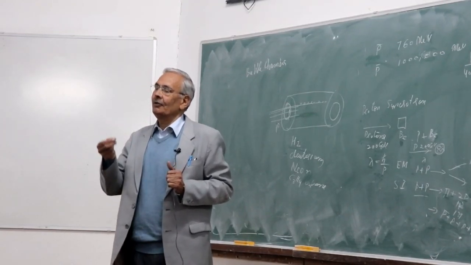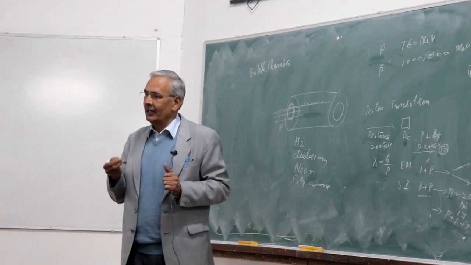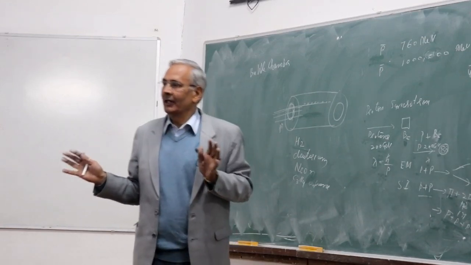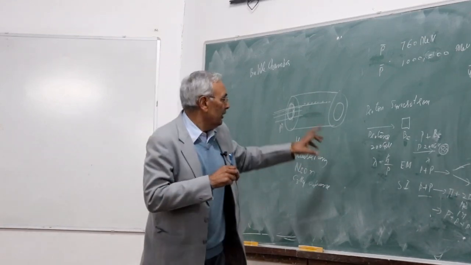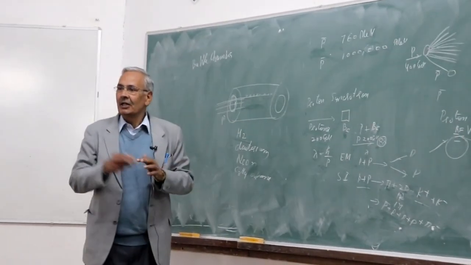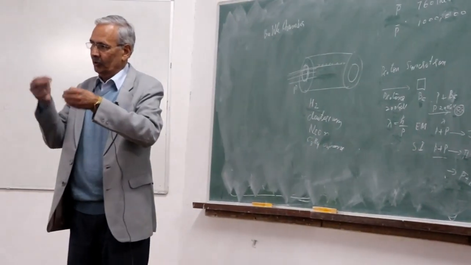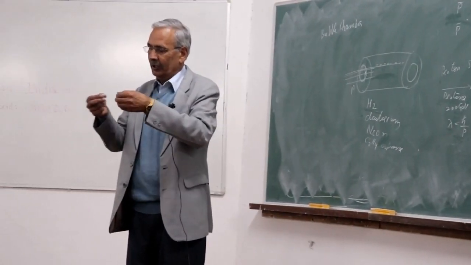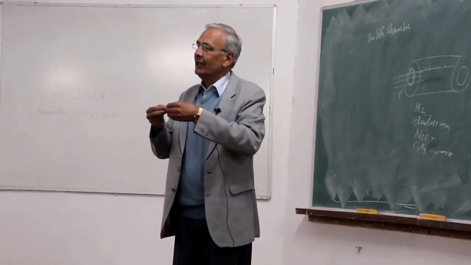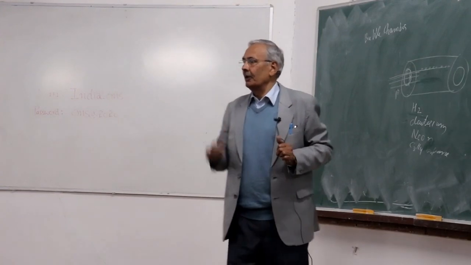You release the pressure very little. When you release the pressure very little, the whole liquid does not boil. Only wherever ions are there, the energy released in the ion formation, where electron and proton ions are produced, is good enough to make the bubble.